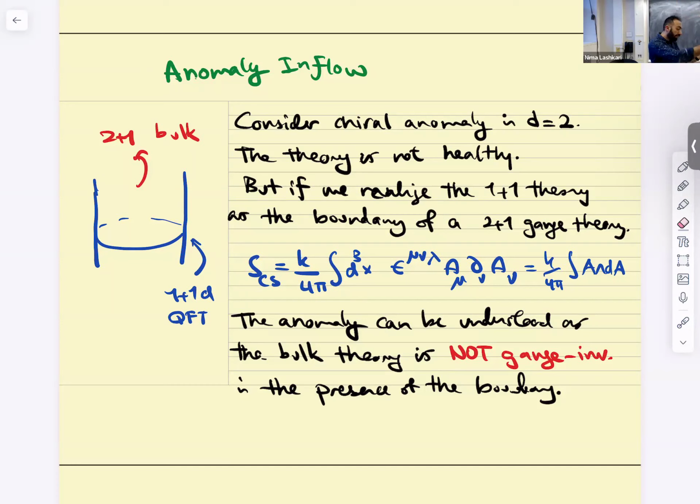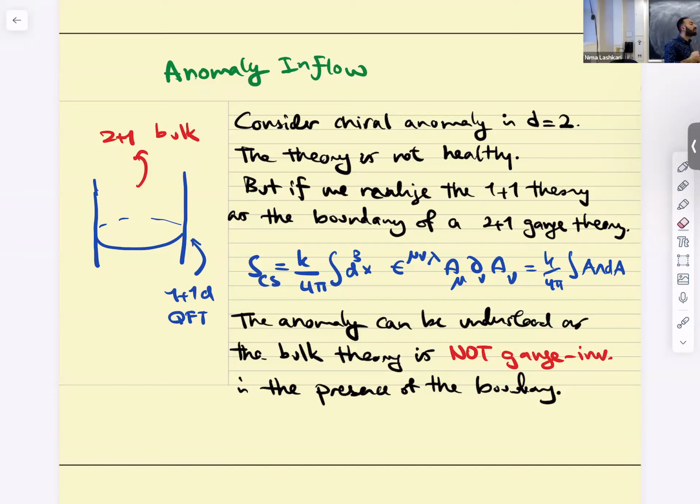When I say put the theory, I just mean that you formally write down the path integral and the action. This gauge theory, you could extend it to the bulk. You could think of a 2 plus 1 dimensional gauge theory that has as a boundary this 1 plus 1 dimensional gauge theory. It turns out that the calculation of the anomaly on the boundary can be captured by a bulk effective action.